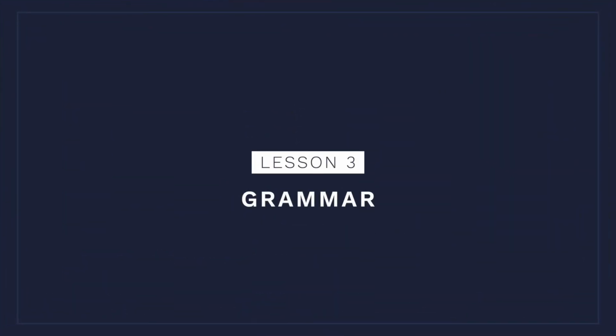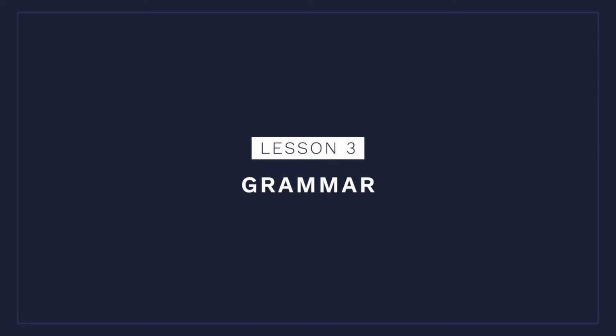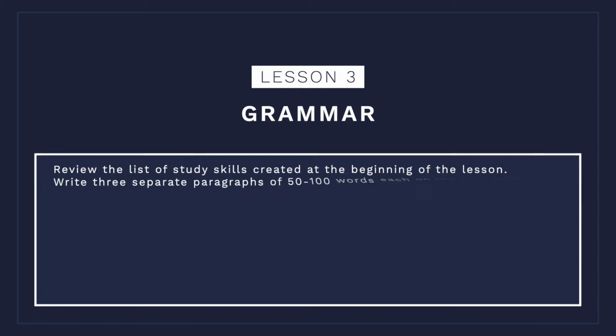The tutorial task from Lesson 3 was the grammar lesson. Review the list of study skills created at the beginning of the lesson. Write 3 separate paragraphs of 50 to 100 words each on the following. 1.